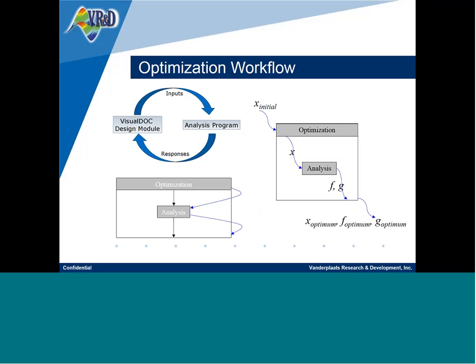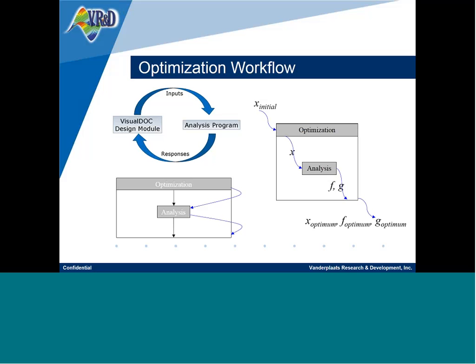The optimization process in VisualDOC includes two parts: the optimization algorithm and the analysis program. The user imports the initial value for the design variable, and then the analysis program evaluates the outputs.